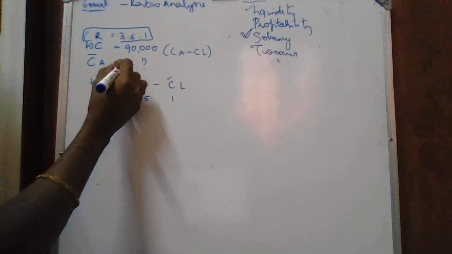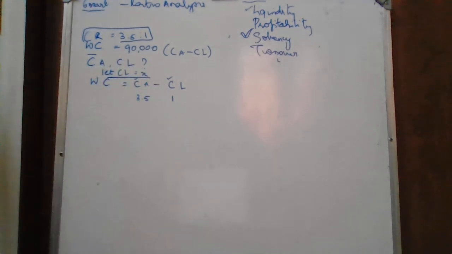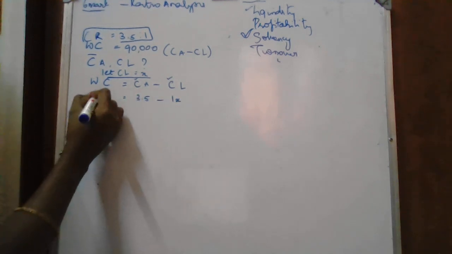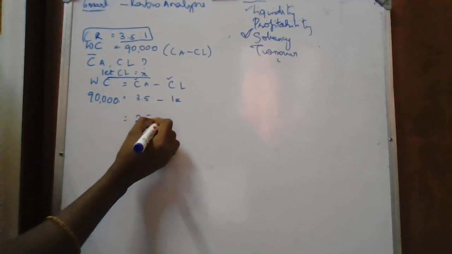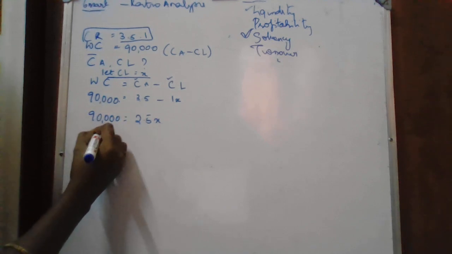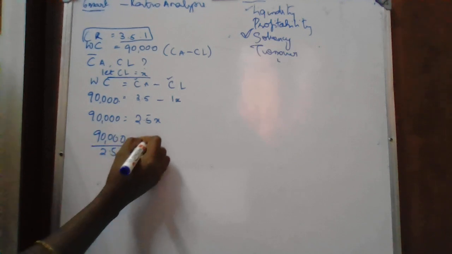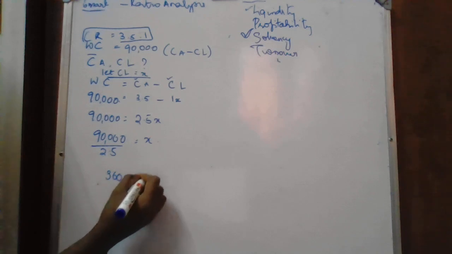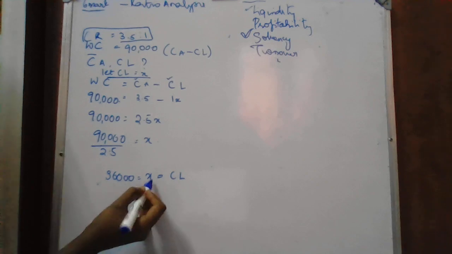So we shall assume the current liability to be x. 3.5x minus 1x is equal to working capital, 90,000. 2.5x equals 90,000. 90,000 divided by 2.5 will be equal to x. So 36,000 is x, which is nothing but your current liability.